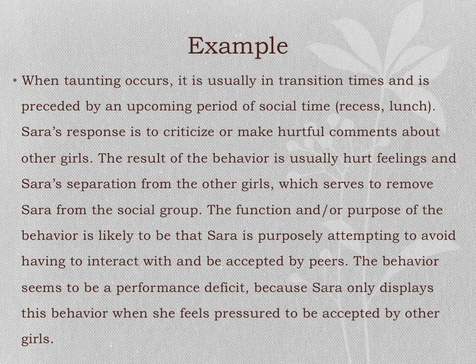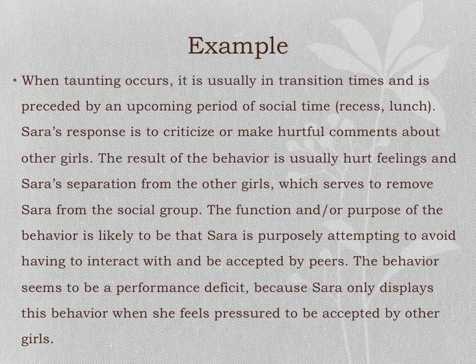And on the next slide, when taunting occurs, it is usually in transition times and is preceded by an upcoming period of social time, recess, lunch. Sarah's response is to criticize or make hurtful comments about other girls. The result of the behavior is usually hurt feelings and Sarah's separation from the other girls, which serves to remove Sarah from the social group.